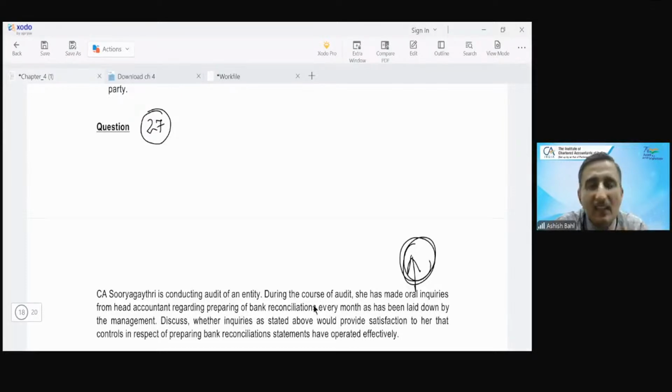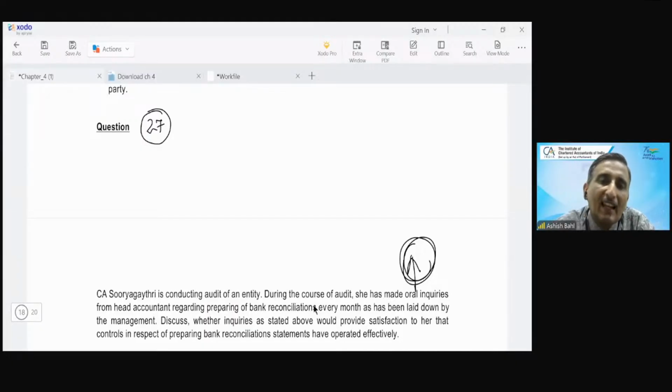She has asked the head accountant, tell me whether you are preparing bank reconciliations every month or not. Now, discuss whether inquiries as stated above would provide satisfaction to her that controls in respect of preparing bank reconciliation statements have operated effectively.